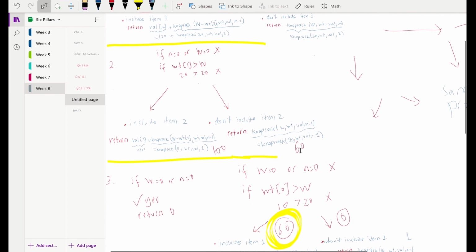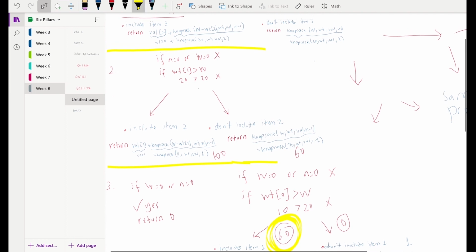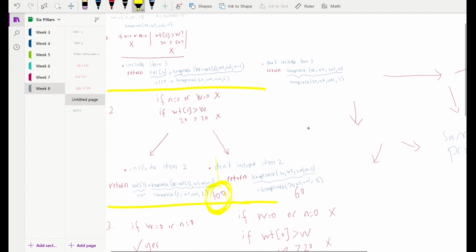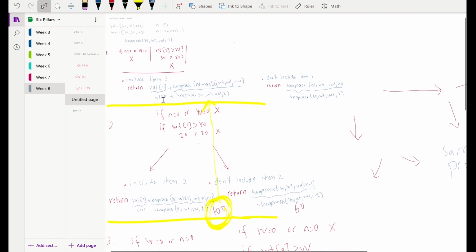Not including item 2 is 60. Maximum of these is 100. 100 will go up here. This is 100, and including item 3 is 120. So including item 3 gives us the cost 220.